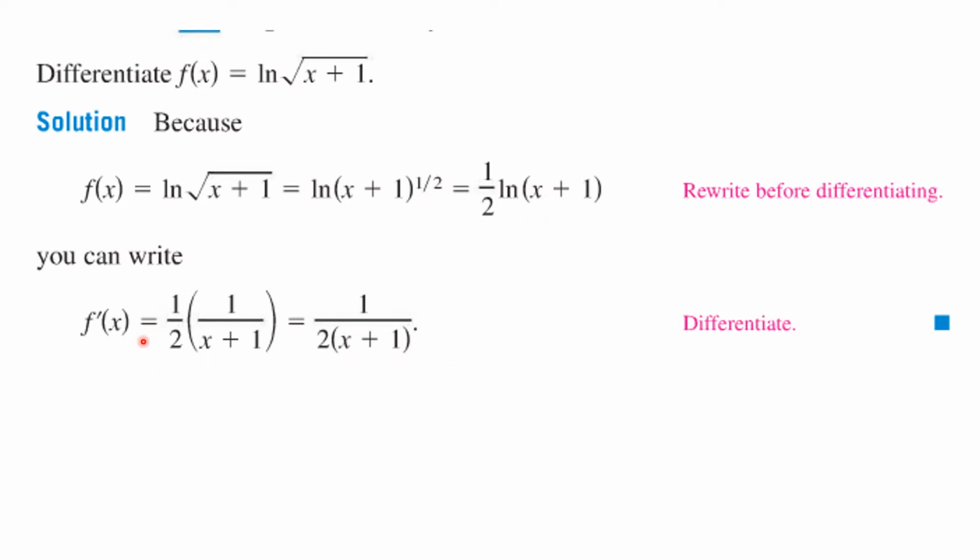So that is going to be 1/2, and then the derivative of ln of x plus 1 is 1 over x plus 1. Notice that those parentheses are important, and this is the answer that you get. You would get the same answer if you were using just the chain rule without the properties, but it would be a much more complicated simplification.